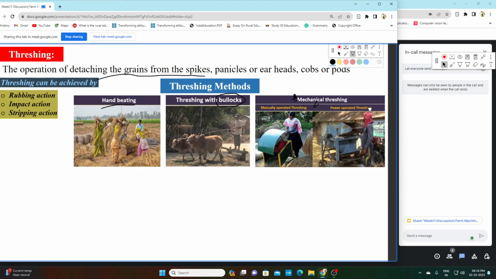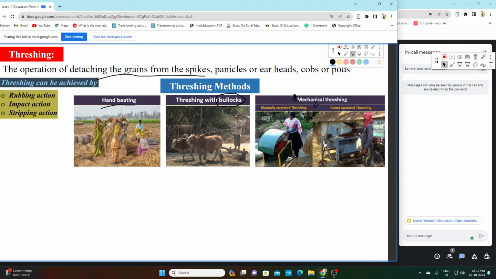But in a power operated thresher, the human need not provide any power. You just have to put the feed in the thresher, and the thresher will do all the operation.